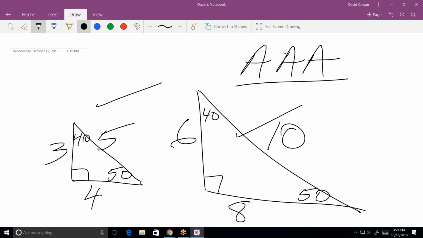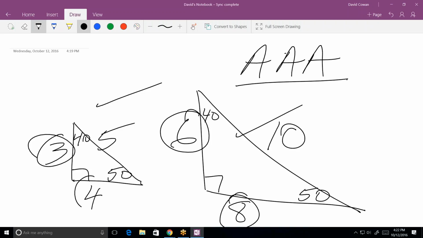But understand that the only difference between similarity and congruency is the fact that similar triangles can be different sizes. They don't have to have the same three sides. But the sides have to be proportional. In other words, 6 is to 3 as 8 is to 4 as 10 is to 5.